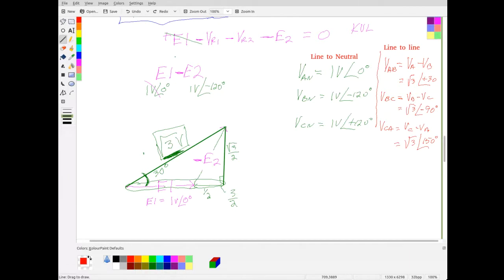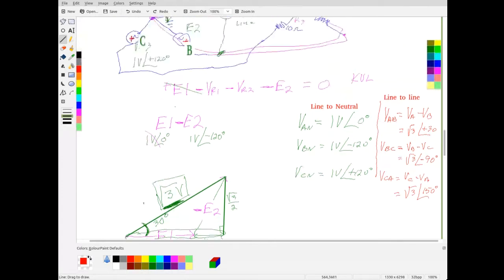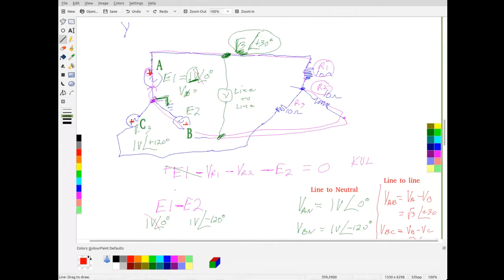So that's why in three-phase systems, you see this square root of 3 popping up. It comes from this trigonometry piece, and it comes from Kirchhoff's voltage law, adding these up, because you're measuring a voltage through this phase minus the voltage through the other phase, which is giving you a line-to-line voltage.